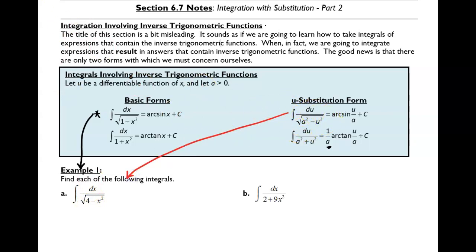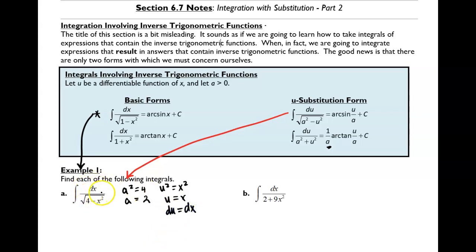So here I would notice I see that my a squared is 4. That's this part right here. So that means my a is 2. And my u squared is x squared. So my u is just x. Now you do have to make sure that your du is present. So the derivative of u is just dx.